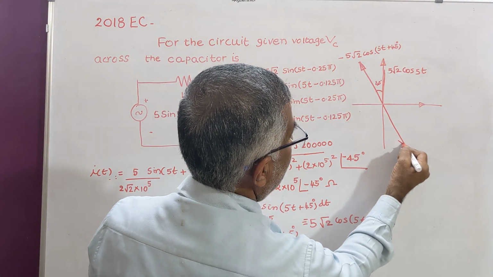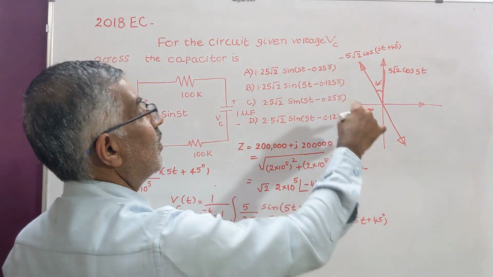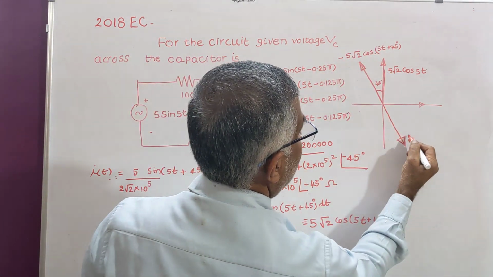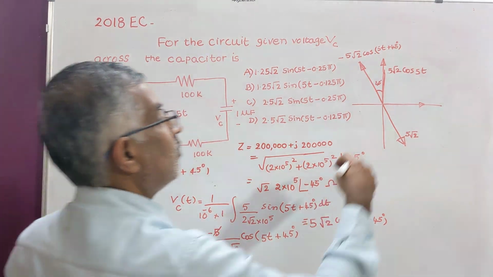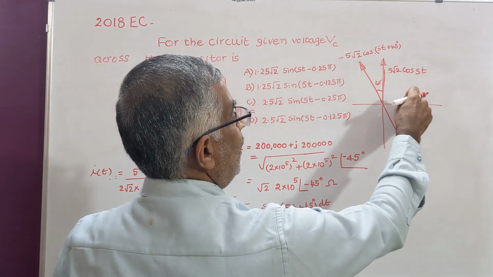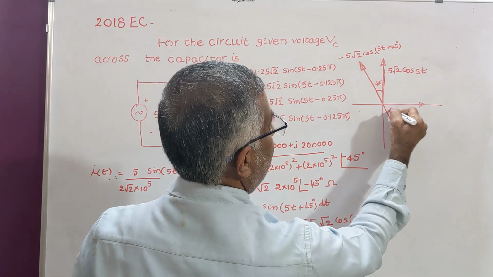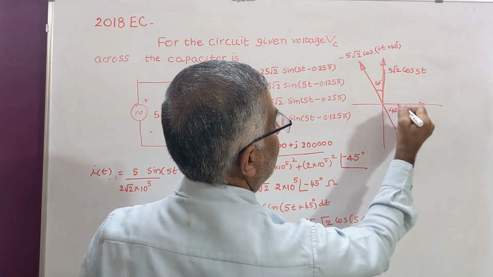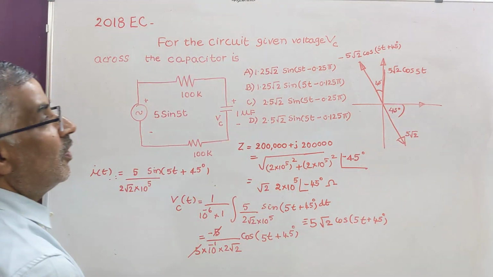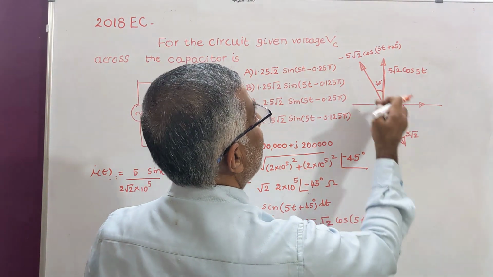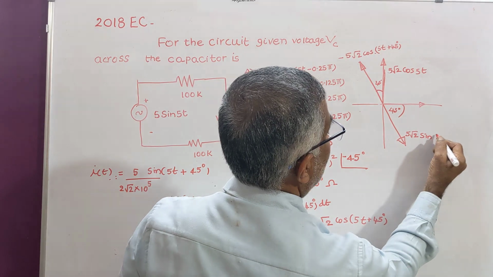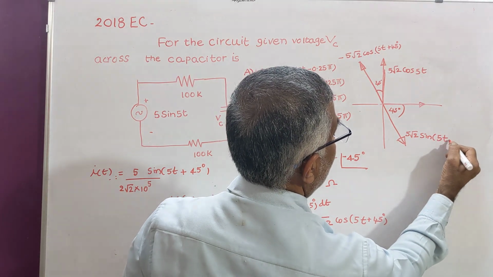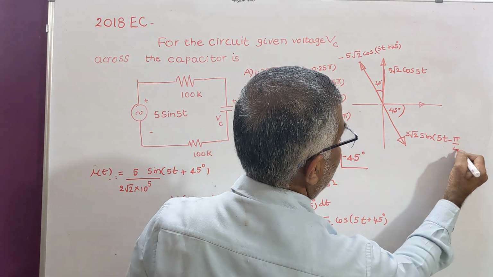If you take the opposite of this becomes 5 root 2. Now this is sine wave. So lagging by how much? 45 degrees. Therefore, this phasor is 5 root 2 sine 5t minus pi by 4.